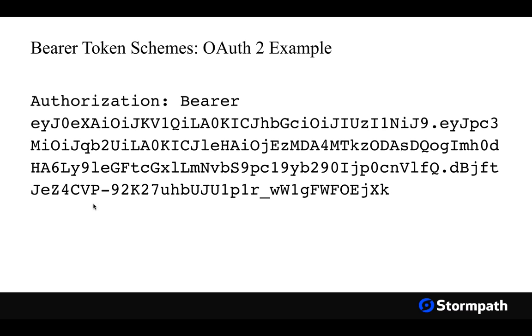Once the client gets this token from the server, it can just set this as the bearer header on all outbound requests. As long as this token is valid and hasn't expired, the server can just trust that whoever is bearing that information is trustworthy.